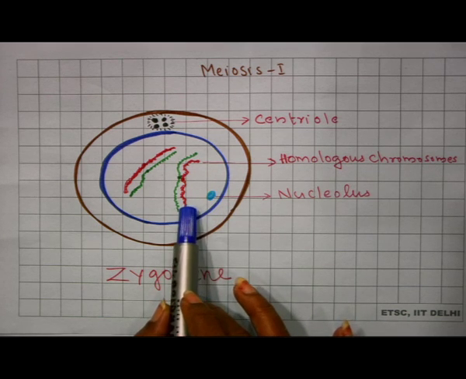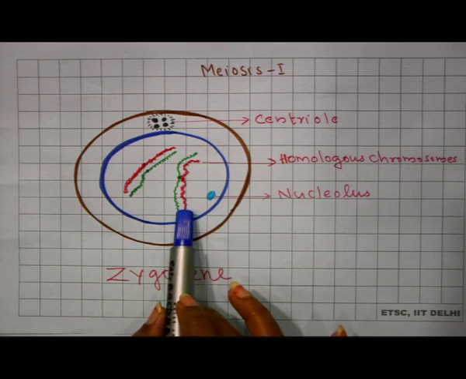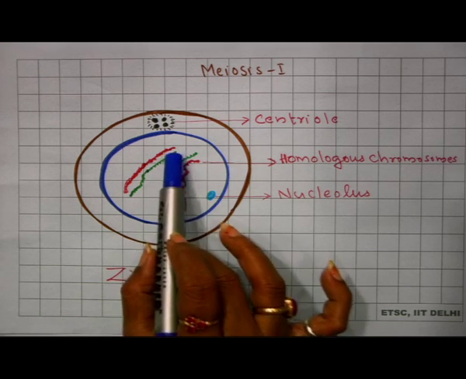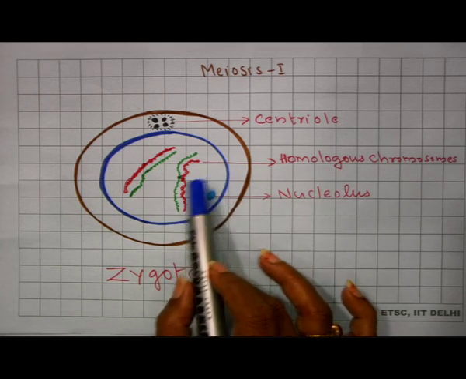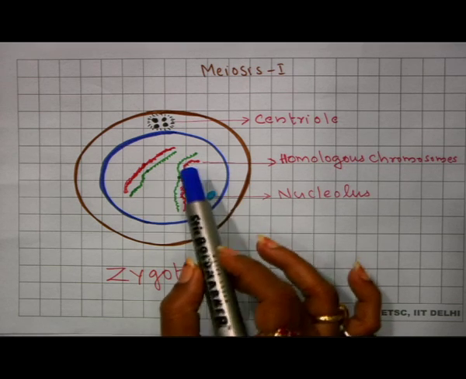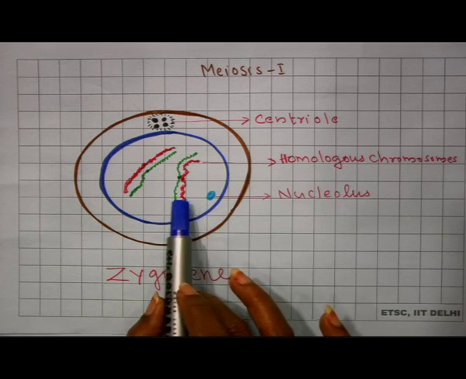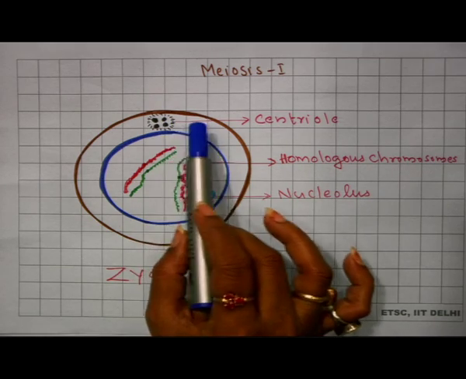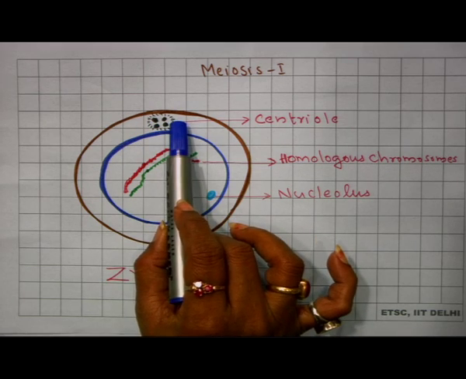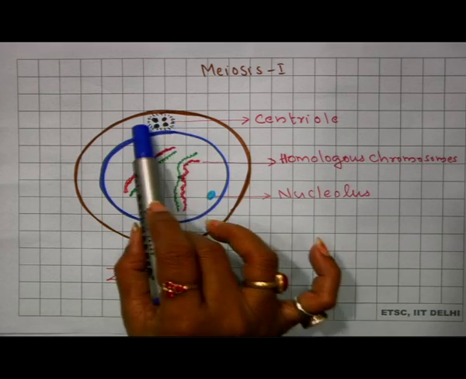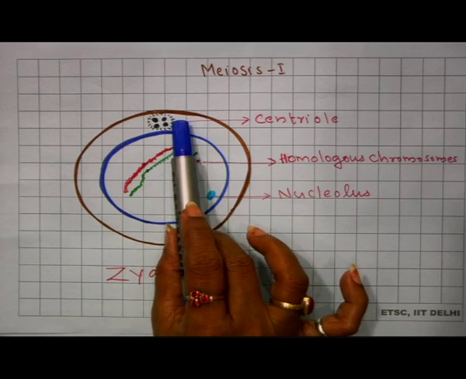Again you see the chromatids here, they are appearing as threads only, because this process of coiling and condensation is undergoing, and it is seen only as a thread-like structure. And here you can see the centrioles, doubled centriole, duplicated centriole with the aster formation here.